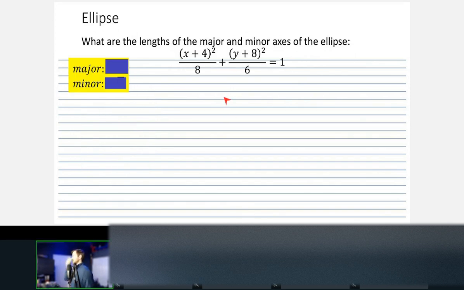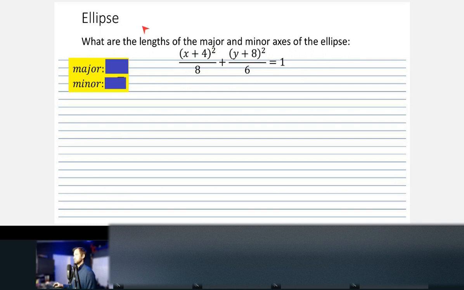Okay, an ellipse. What are the lengths of the major and minor axes of the ellipse? Give me a second here. This is a commonly missed problem. Maybe drawing a picture.